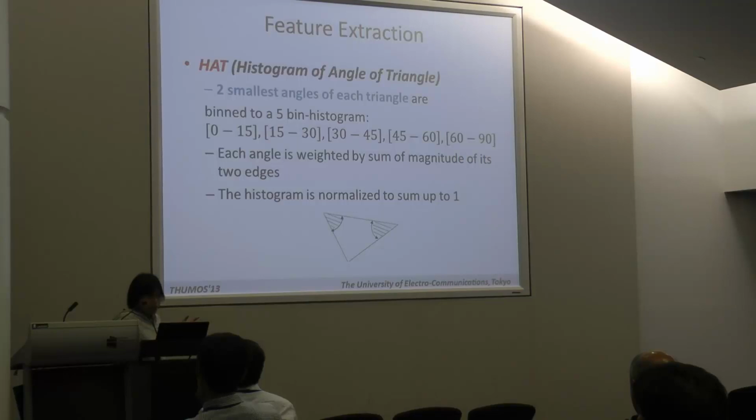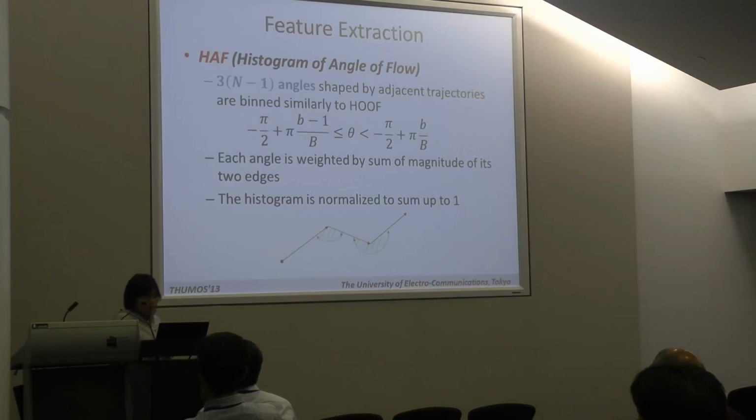For the histogram of angle of triangle, the two smallest angles of each triangle are binned into a histogram according to their magnitude, and each triangle is weighted by the sum of the magnitude of its two edges. For the histogram of angle of flow, the angles set by adjacent trajectories are binned similarly to the histogram of optical flow, and weighted by the sum of its two edges.